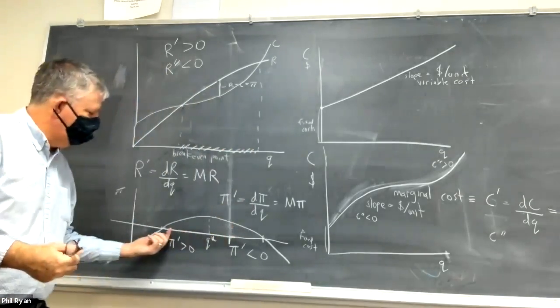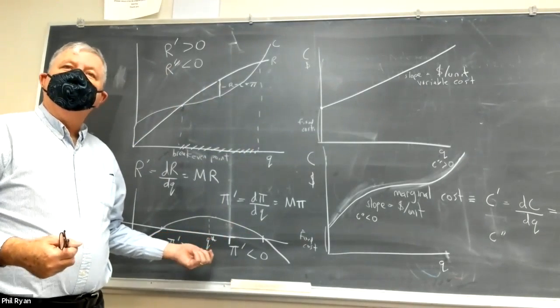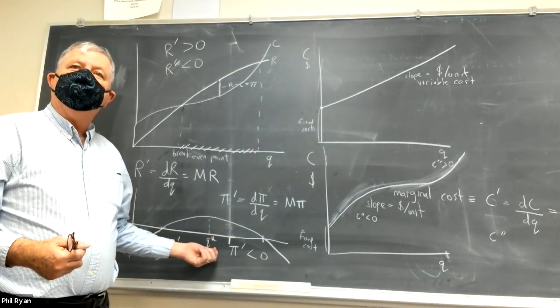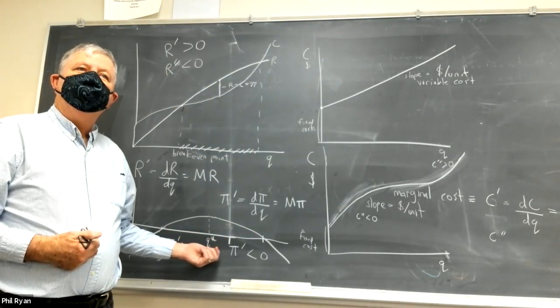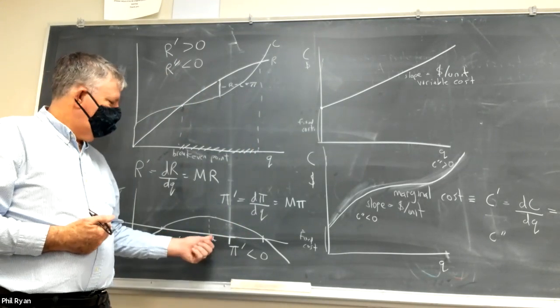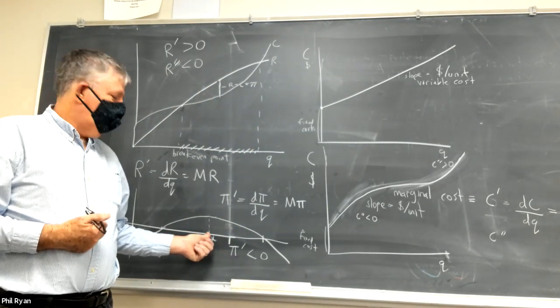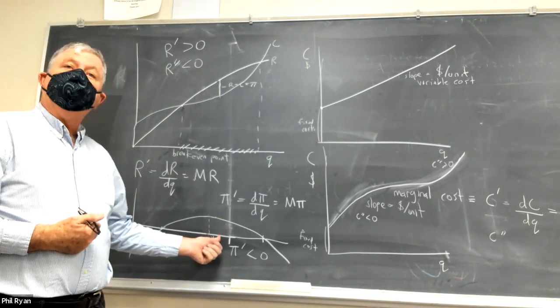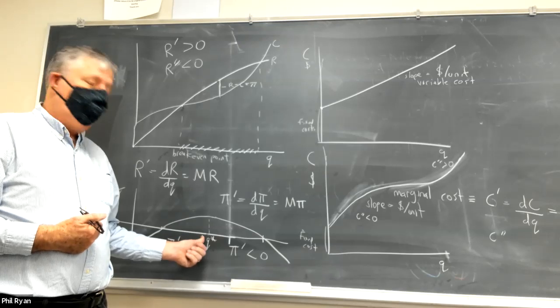You just produce more and more until you reach a point where your marginal profit is zero. Then what should you do? Should you change production then, if you're at this point? If you increase production, your profit will go down. If you decrease production, your profit will go down.